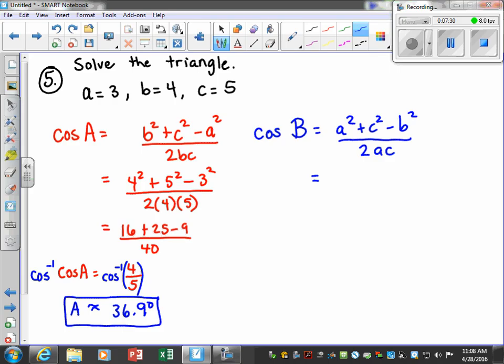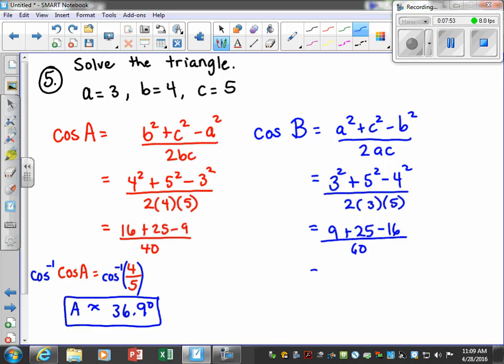Let's plug in. So a is 3, c was 5, 2 times a times c, 9 plus 25 minus 16 over 60, which is 3/5.